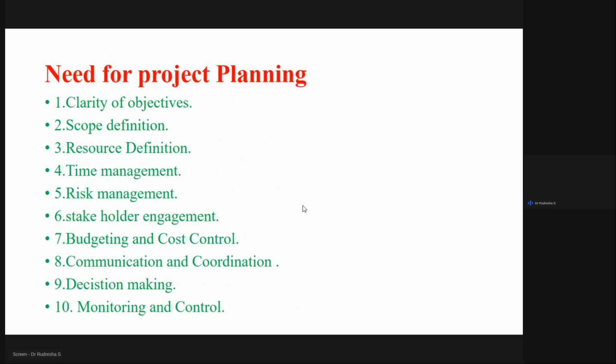Next, budgeting and cost control, communication and coordination. You have good communication between two members, between employees. That is communication and coordination. Decision making: you take good decisions. Monitoring and control: you want to maintain good monitoring and control.